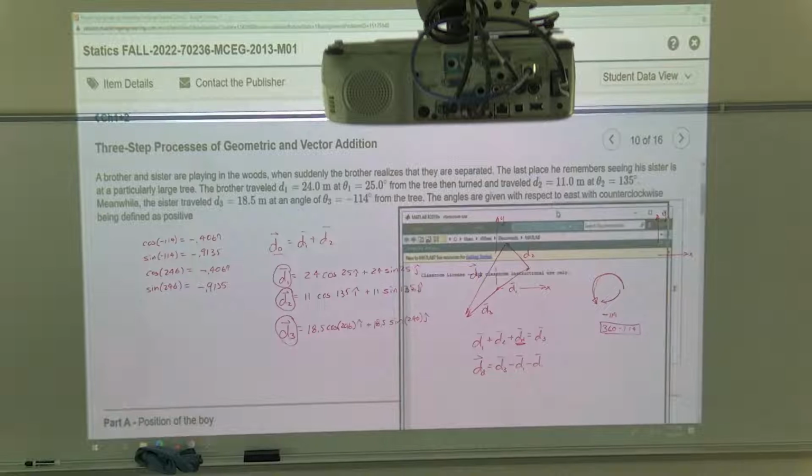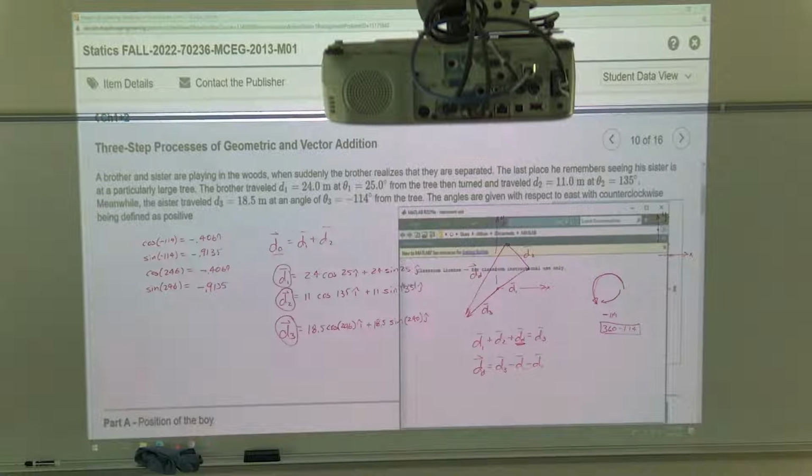So I can just look up here, let's say. I call this D1. I'll call it just D1 is equal to, and I'll do it in the two components. So D1 is 24 times, I'm going to put the bracket over, 24 times cosine degree of 25, and then I'll say sine degree of 25.